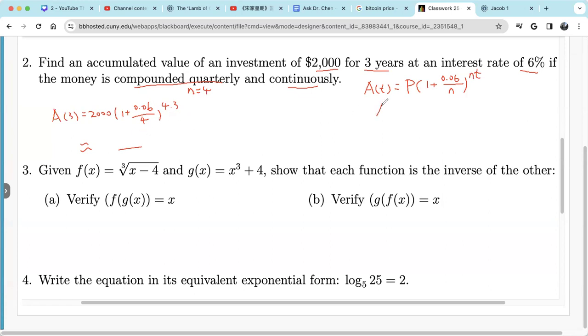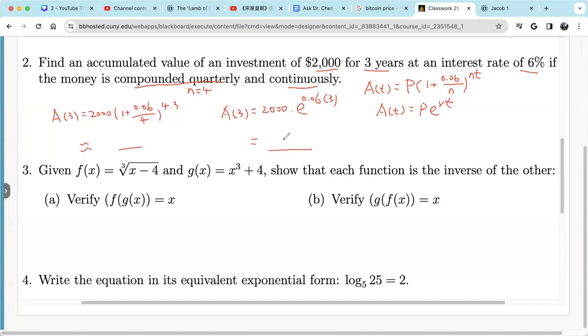Compounded continuously, we use another formula with the number e. It is the principal multiplied by e raised to the rate times T. So the amount of money after 3 years, if it's compounded continuously, is $2,000 times e raised to 0.06 times 3 years.